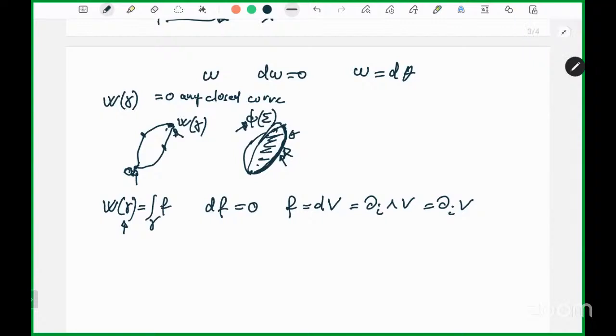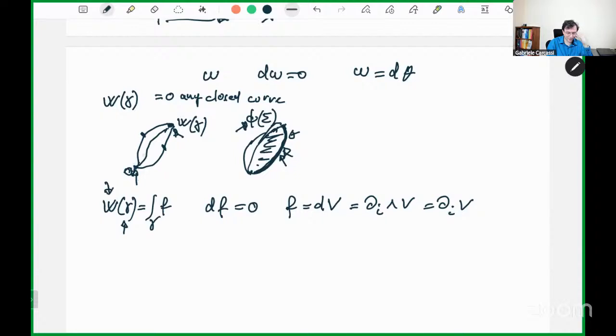So this comes from a potential. It's a potential force. And the way that you see it geometrically, you say, okay, if I have 2 points, any line that connects them, this value is going to be the same. So the integral of the form along the path is going to be the same, right?